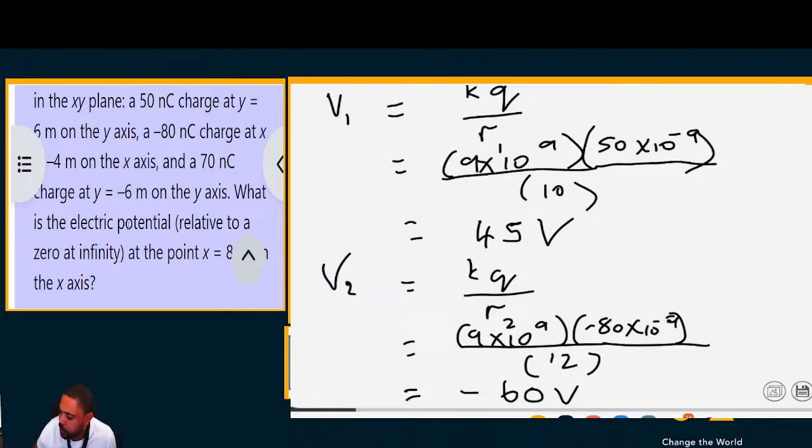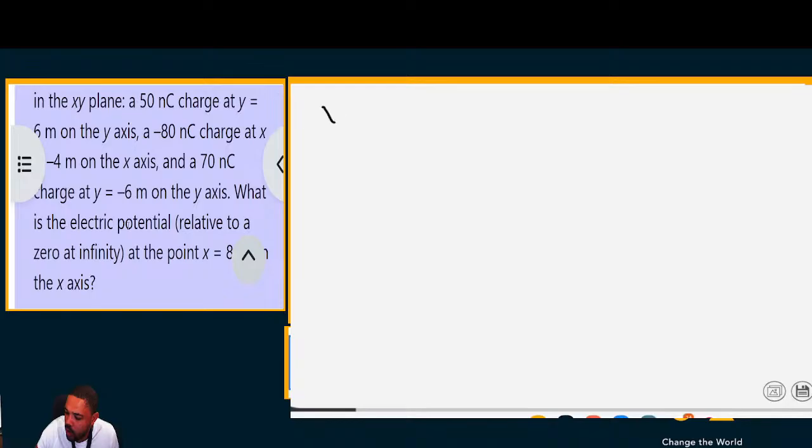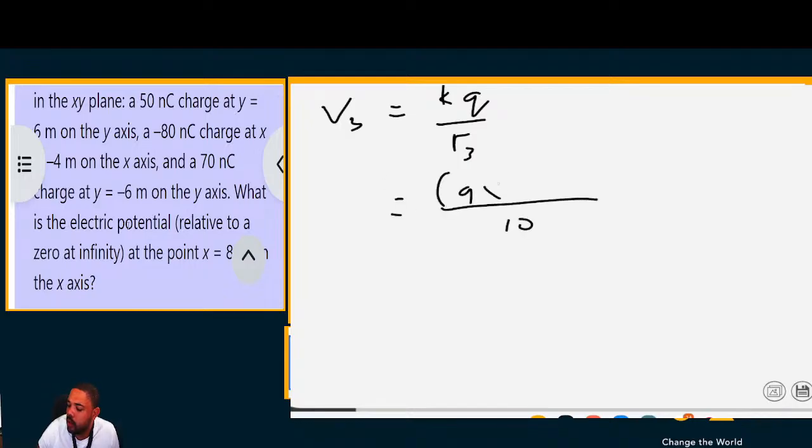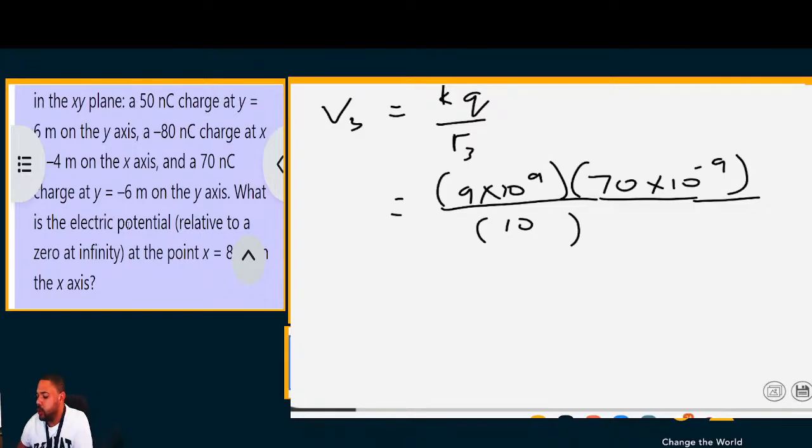Okay, so back to the question. We have the electric potential due to charge 1 is 45 volts, due to charge 2 is negative 60 volts. What is it due to charge 3? It is the same formula, KQ over R3. Remember R3 is also 10. K stays the same, 9 times 10 to the 9. And then it's a 70 nanocoulomb charge. So we have 9 times 70.